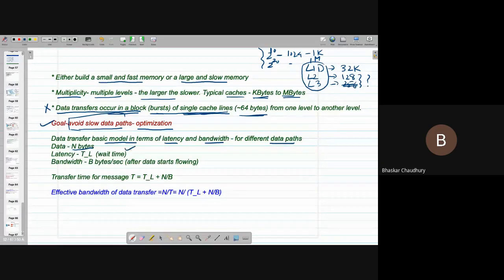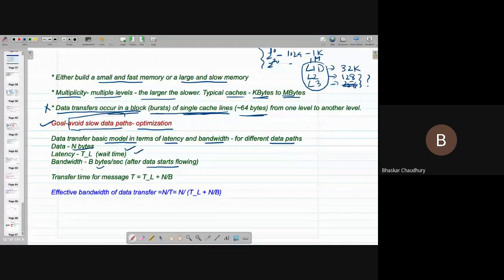That is the wait time before the first byte of data goes through that path. Let's say the bandwidth is B bytes per second. Each data path has some bandwidth. This number comes into the picture only after the first data starts flowing. Initially you have to wait for a small time, which is latency, and then the bandwidth becomes important.